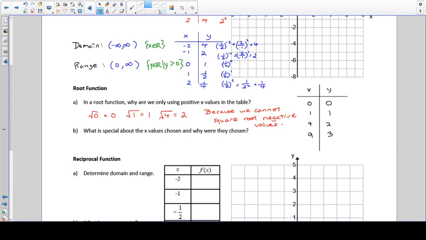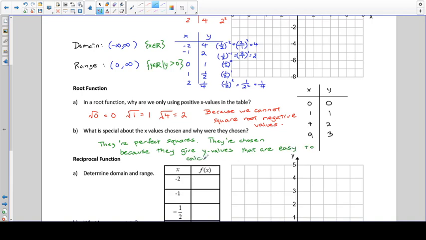They are chosen because they give y values that are easy to calculate mentally. Hopefully that makes sense to you.